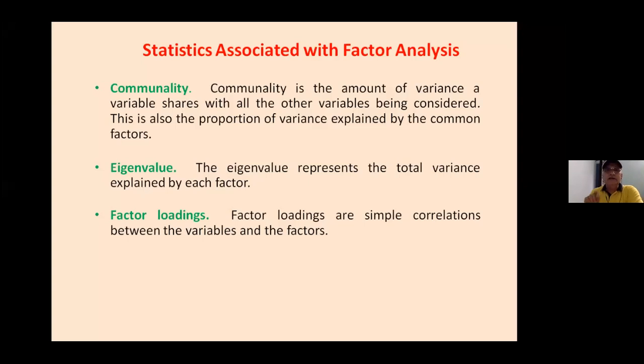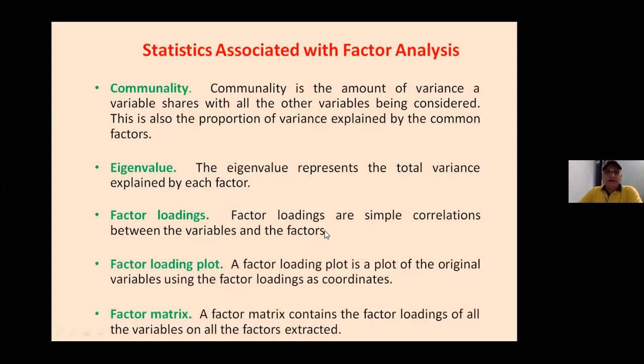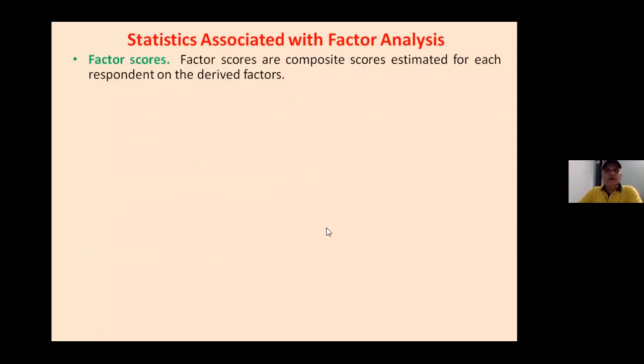That is called commonality. Eigenvalues you will get for each factor, and you retain only those factors where the eigenvalue is more than 1. Then factor loading is nothing but the correlation between the variables and the factors. You will get a factor loading plot and a factor matrix. I will tell you the output.